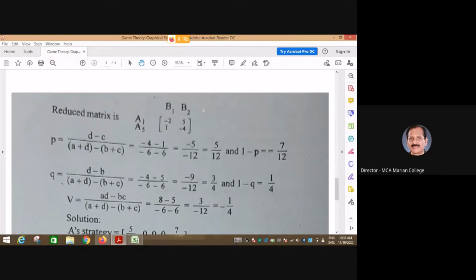The same way, by using the formula for Q, you can calculate the value of Q, that is 3 by 4, and 1 minus Q, that is equal to 1 by 4. So you got the probabilities and then the value of the gain. Using this formula, you can find the value of the gain.